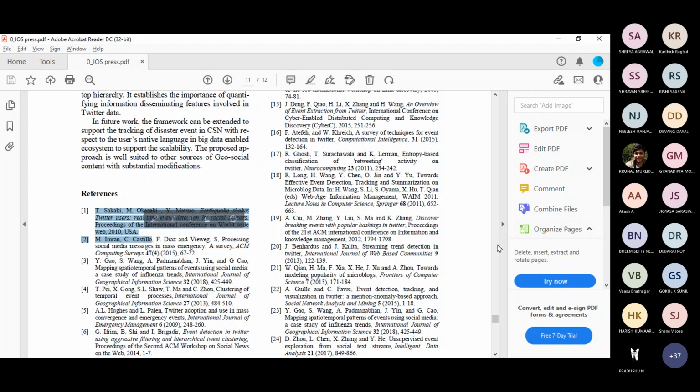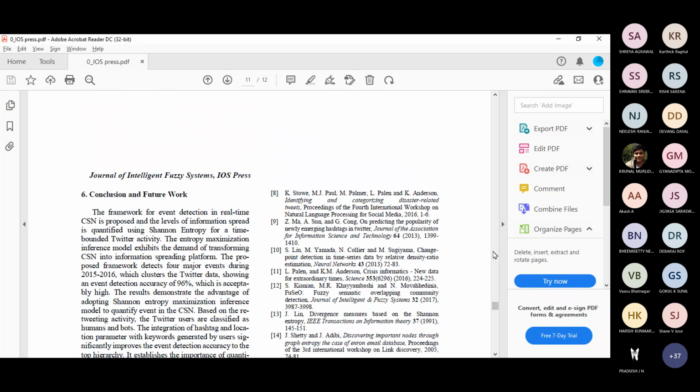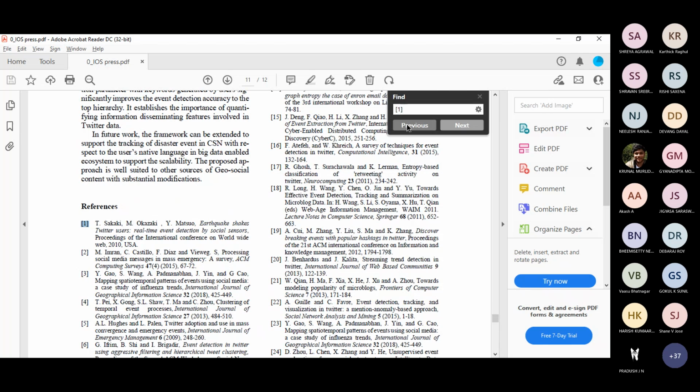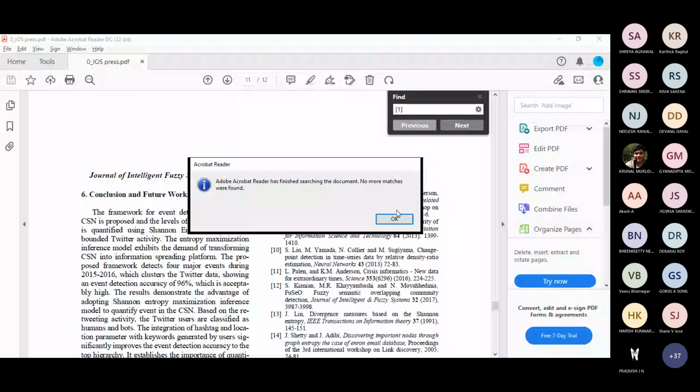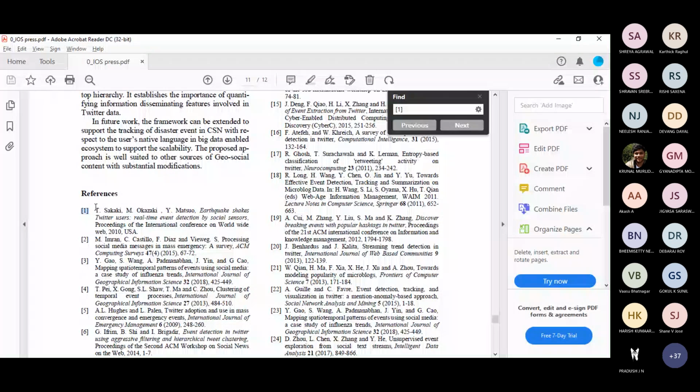I refer to a paper in the beginning sections. For example, in the introduction section, I have referred to this particular research article, and in the references section I have it listed. I have referred to this particular author who has already published the paper.